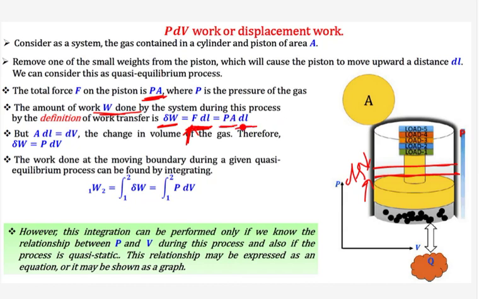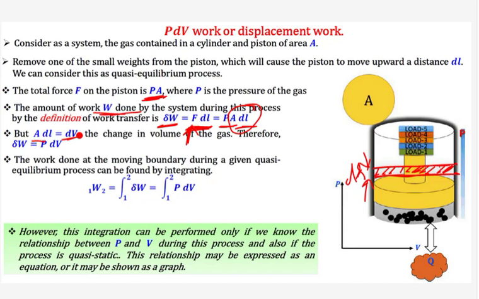Now if I see this particular thing, A into dl, area times dl will give us the small volume. So I can write A dl equals dV.